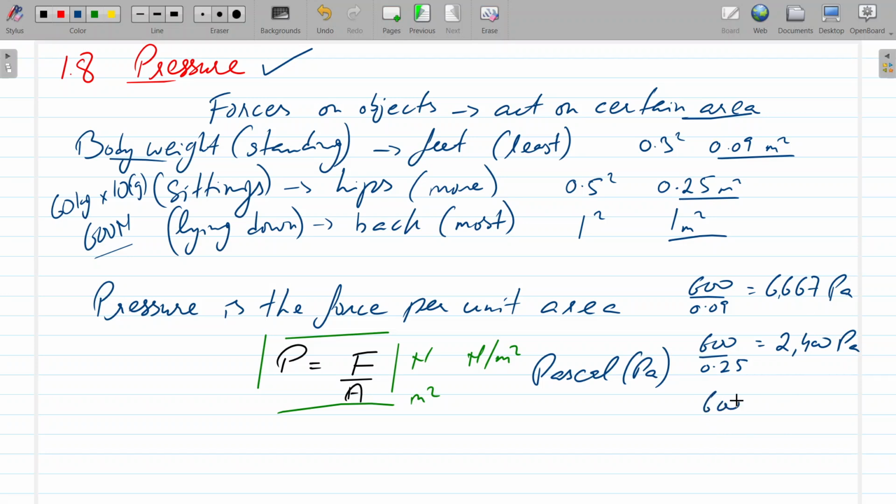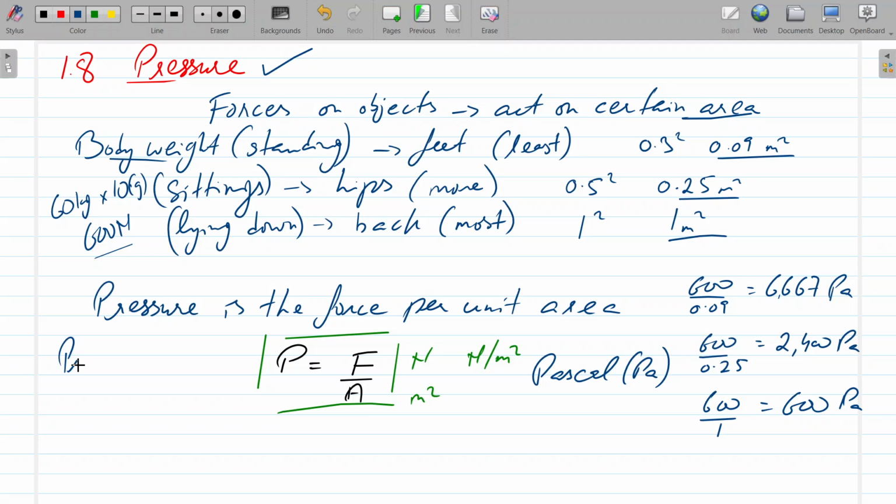And then 600 divided by 1, which is obviously 600. And so when the force is acting on a smaller area, there is higher pressure. More area, and then even more area comparatively, and so you can see the pressure is going down. So you can see that relationship.